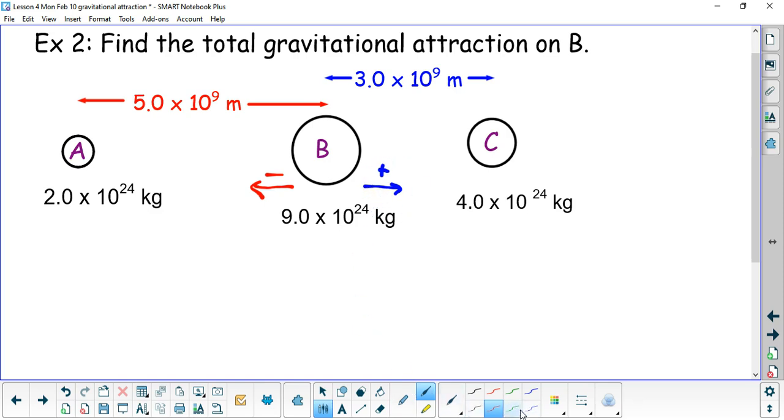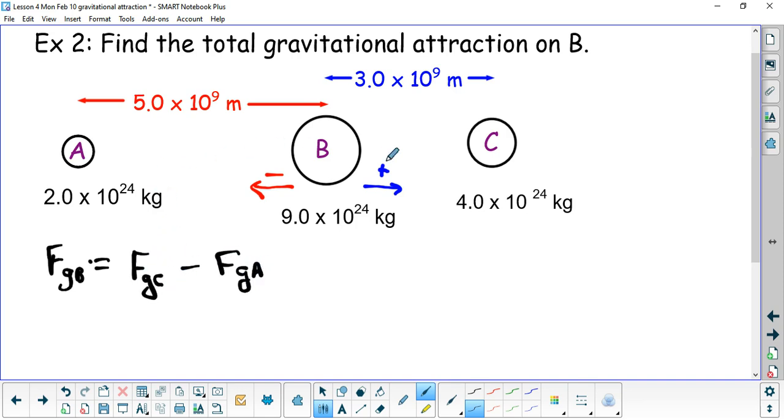So now I have to consider my equation. When I do the math, I'm going to have two forces of gravity. So this is going to be my overall, right? What's going to happen to B is based on the force of gravity on B: the force of gravity because of C minus the force of gravity because of A, right?